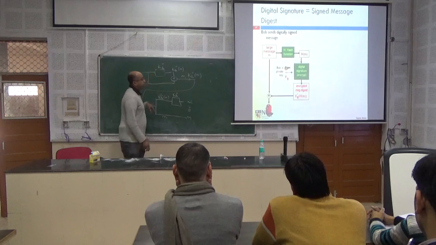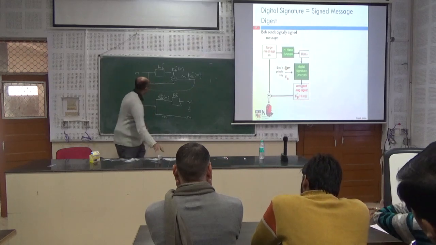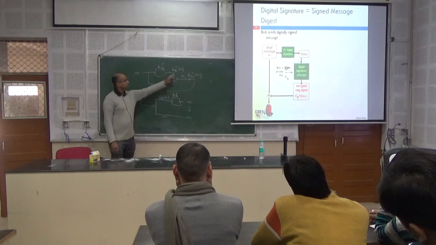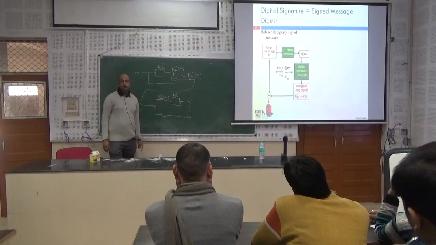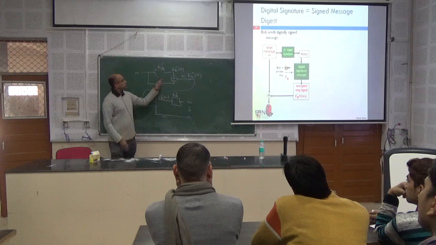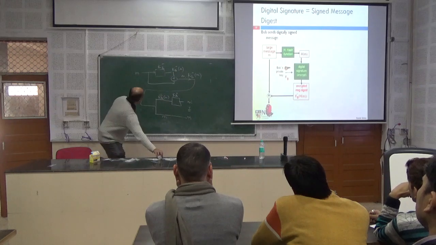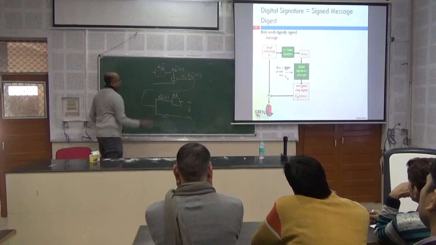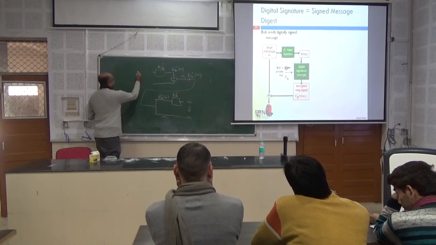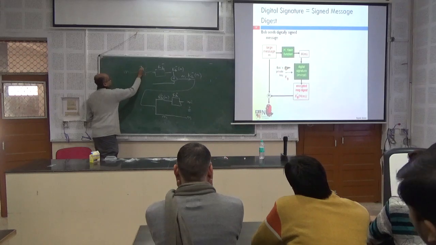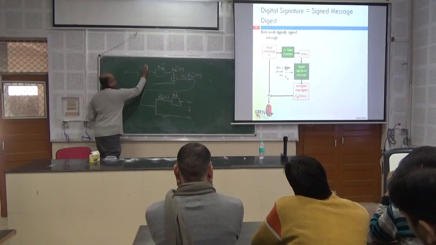So let's come here. Earlier, I took the message and I tried to encrypt it, and then sent the encrypted version and the original message. This works, but this encryption of a large message will be prohibitive. So instead of that, I do something else. I take the message, but I first pass it through a hash function.